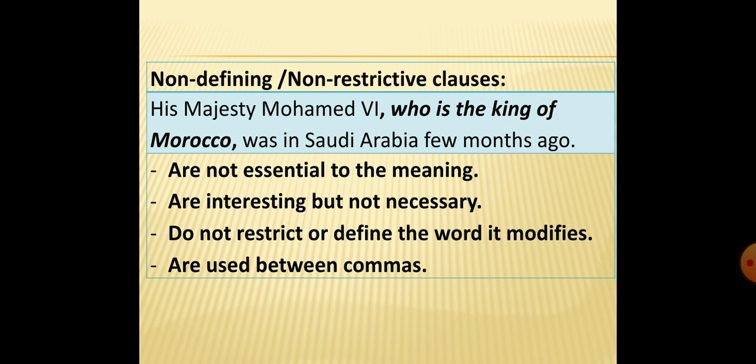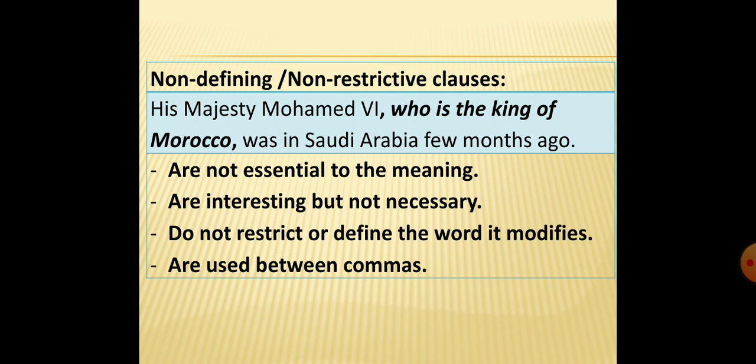Non-restrictive clauses are not essential to the meaning, which means they are not necessary for the meaning of our sentence. They are interesting but not necessary, which means they could be important, but they are not necessary.